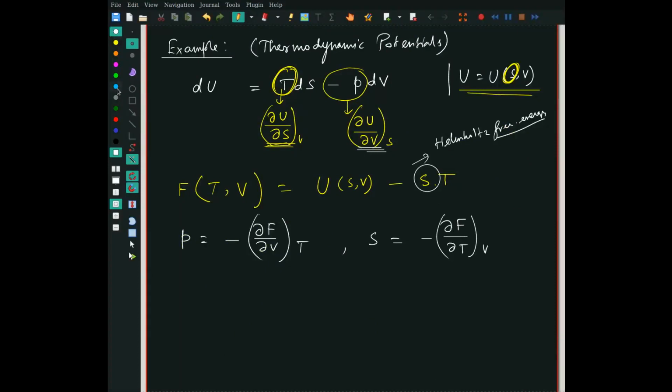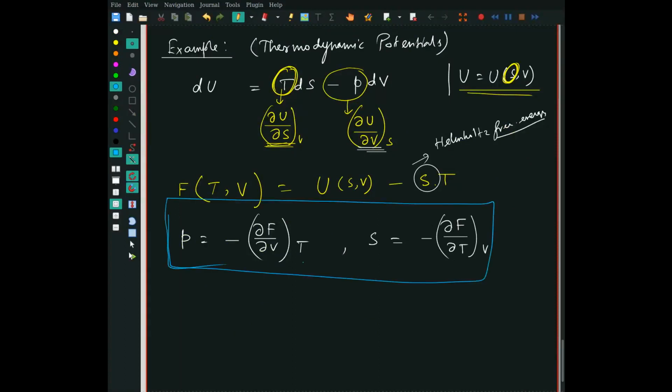So you get these two new thermodynamic equations, that is, the explicit variables are now V and T.